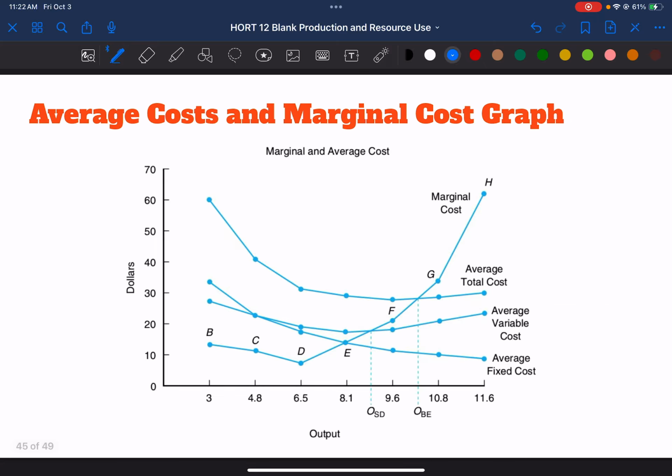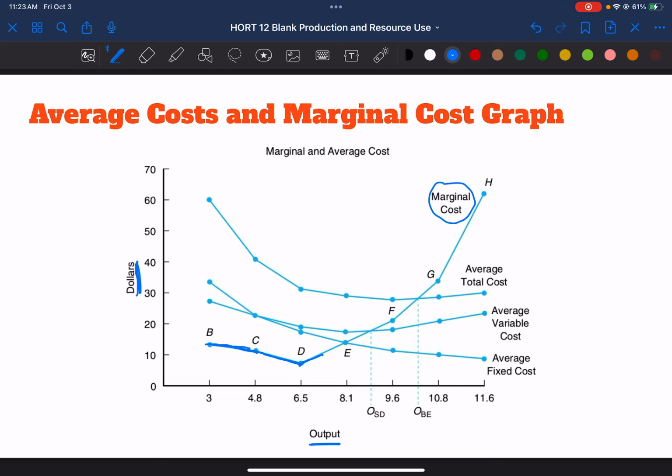If we put all these things together, remember we have output down here on the x-axis and cost up here on the y-axis. This is what it looks like. Our marginal costs are this line here. As we begin to produce more, early on in our production, our marginal costs are going down. Every unit of output that we add, the cost per unit is less.